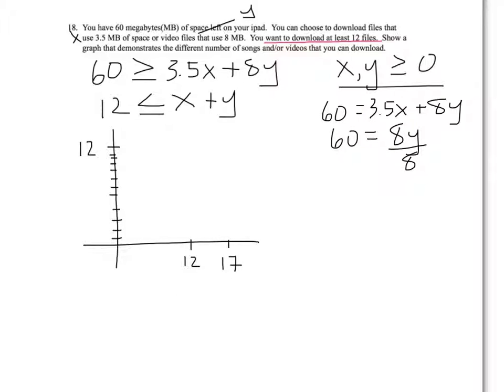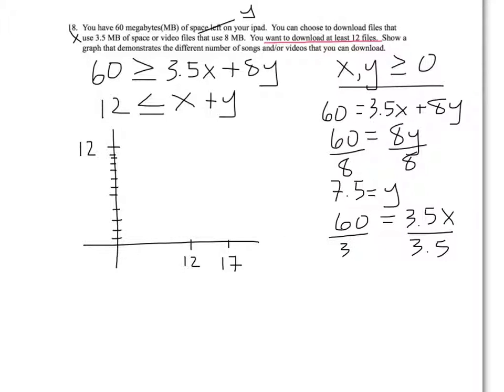I divide by 8. Alright, so I get y equals 7.5. Then I plug in 0 for y. And I get 60 equals 3.5x. I divide both sides by 3.5. And I get x equals 17.